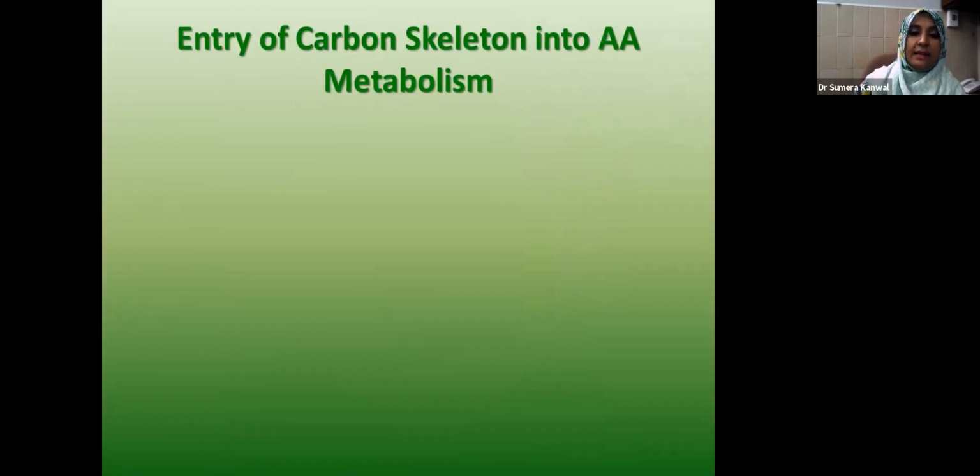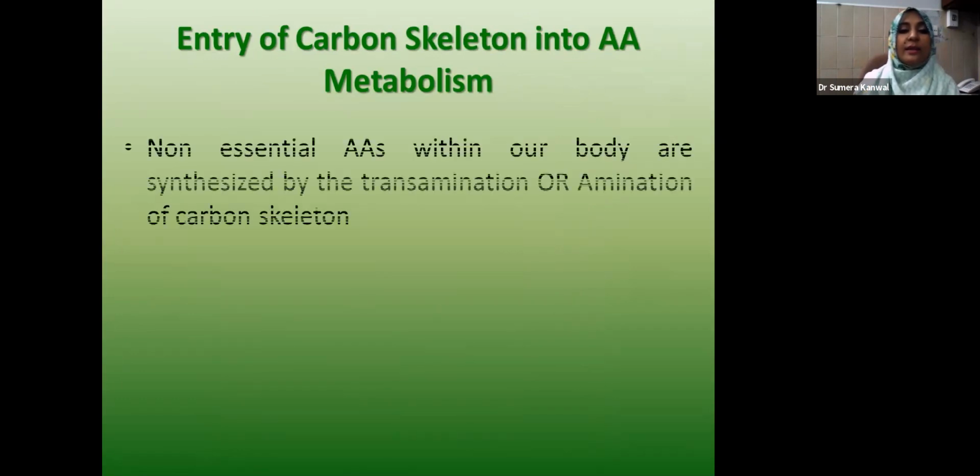The carbon skeleton can enter into amino acid metabolism. Non-essential amino acids that are synthesized in our body are synthesized by transamination or amination of carbon skeleton. If the carbon skeleton is aminated, either through amination or through transamination, this carbon skeleton can become an amino acid.